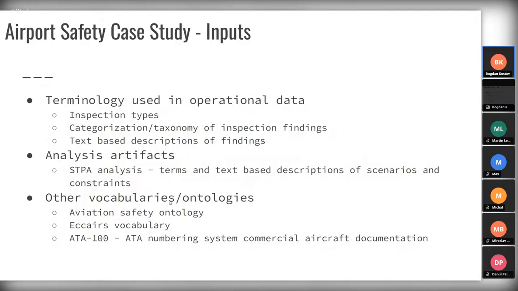There is operational data. There could be multiple data sets, but typically what we have so far is inspection reports. And in these inspection reports, we have information on what has been inspected and what the findings are.